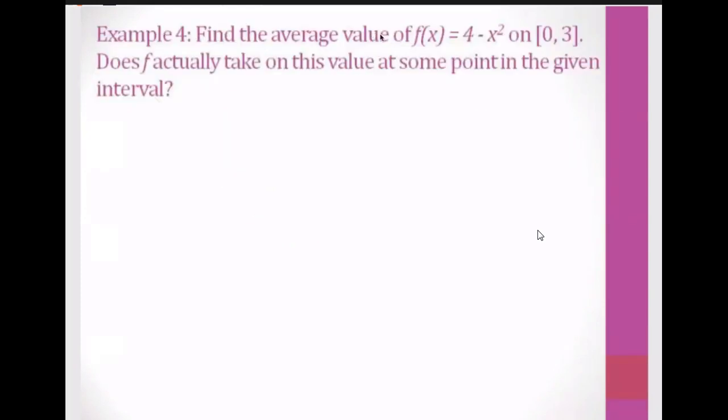So it says find the average value for the function f of x equals 4 minus x squared. So that represents a quadratic reflected and shifted up 4 units. It's open down because of the negative.